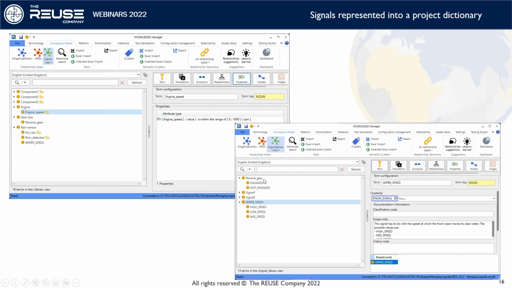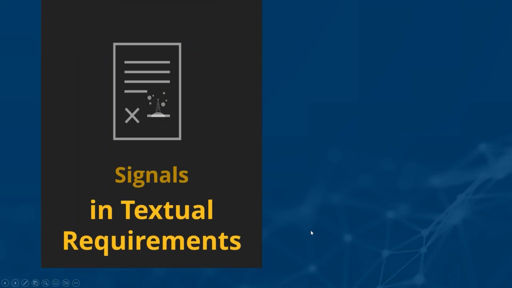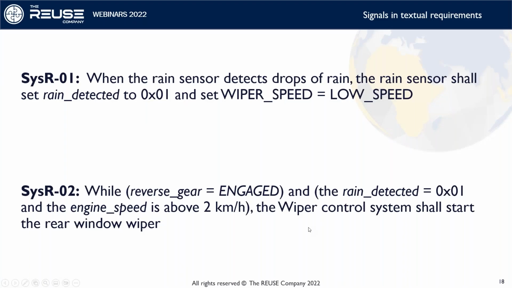For reverse gear, we have engaged and not engaged. For wiper speed, we have high, low, and medium speed, right? So this information can be imported in KM in a very easy way. I will show you now an Excel sheet that can be used to import this information.